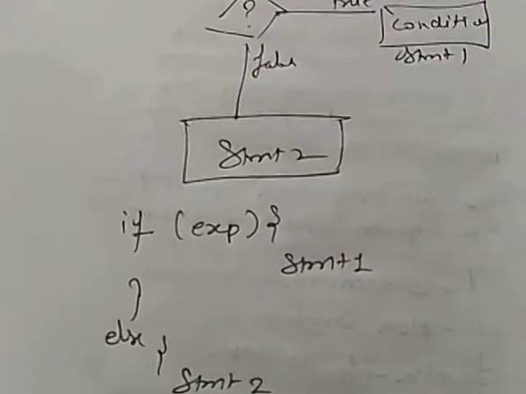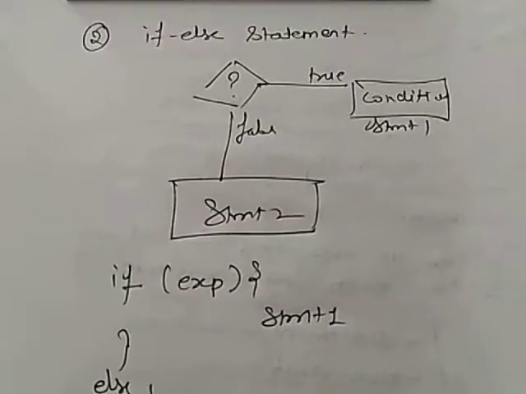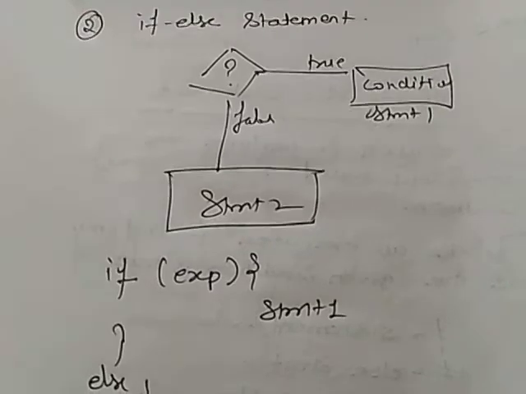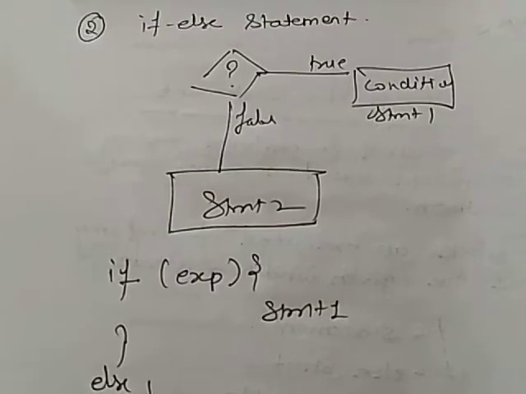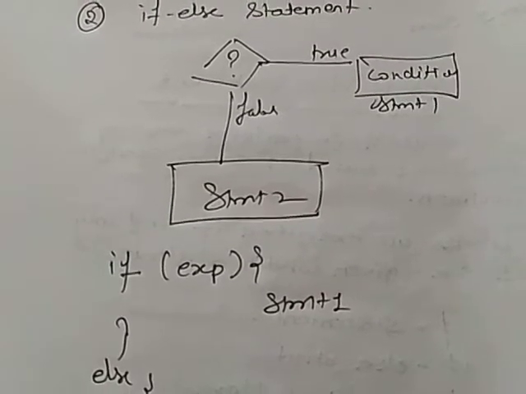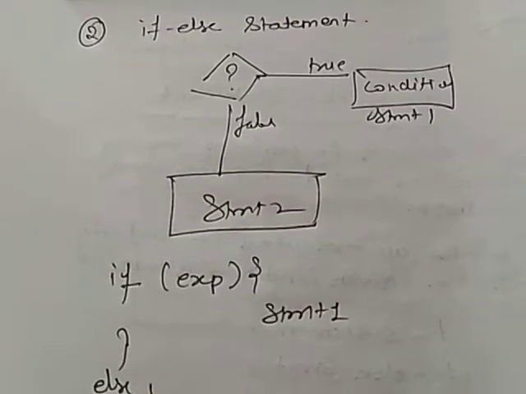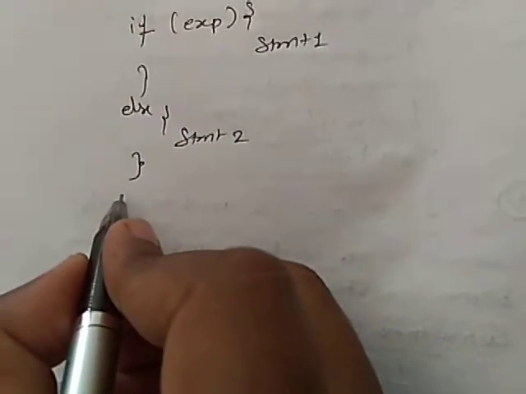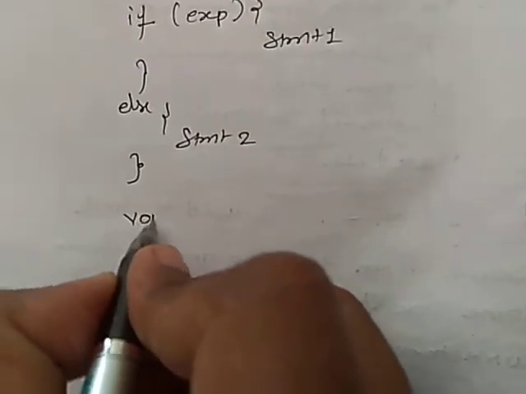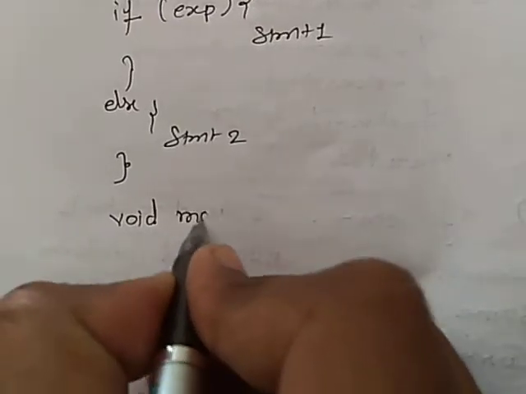Now let us see a program and find out whether the number is even or odd with the help of the if else statement. So the pseudocode is given by: we have a main function.